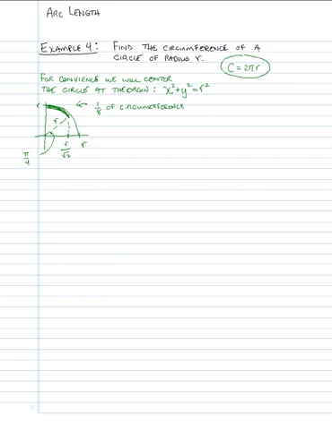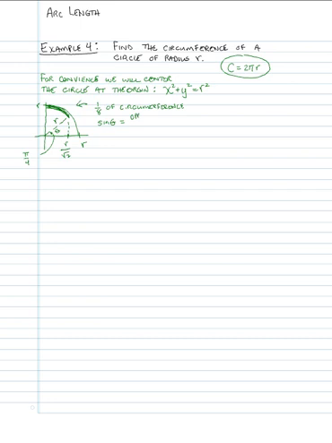if we think of this triangle, if we think of this as the angle theta, then we know that the sine of theta is equal to opposite over hypotenuse. We don't really need to know that, do we?